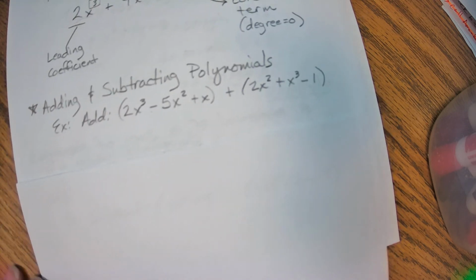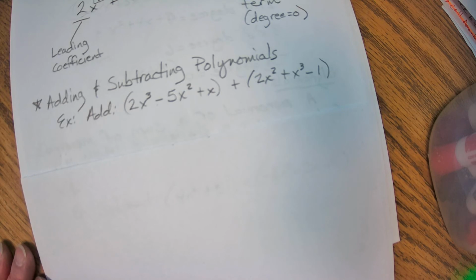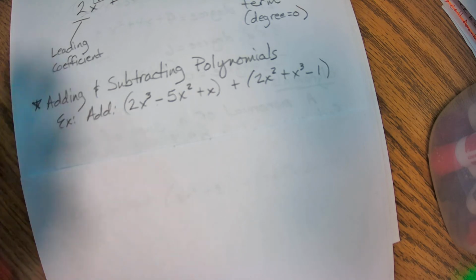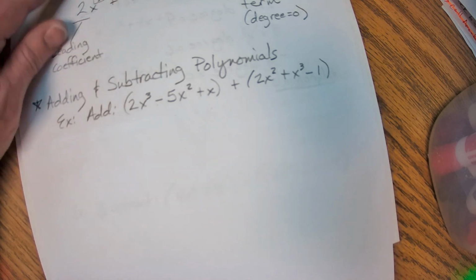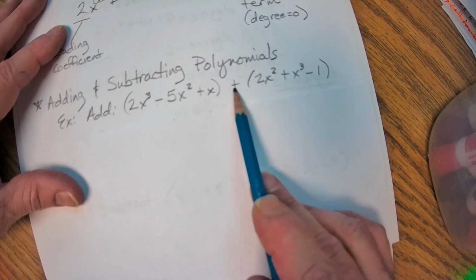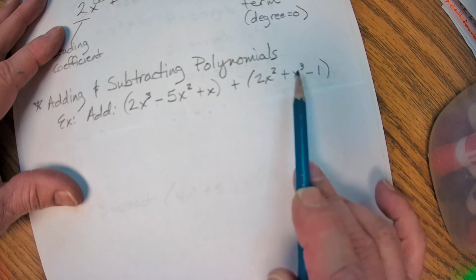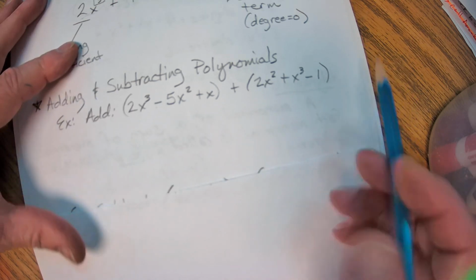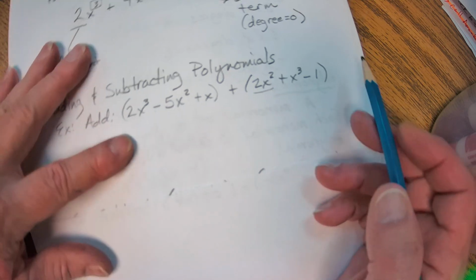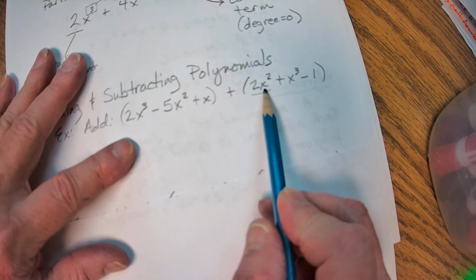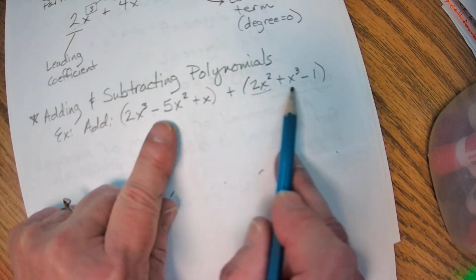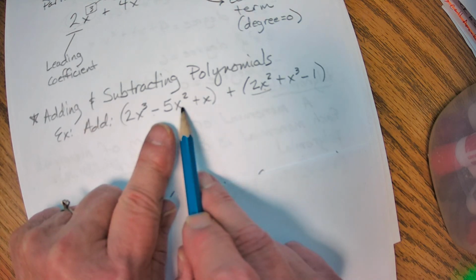This first section, when we talk about adding and subtracting polynomials, I'm just going to show you the way I do it because I think it's easier. So because I'm adding everything in here, I know that none of these signs are going to change, right? So I'm going to take this first term, and I'm going to line it up with its like term, which is this one, because you can only add x squared terms to x squareds.